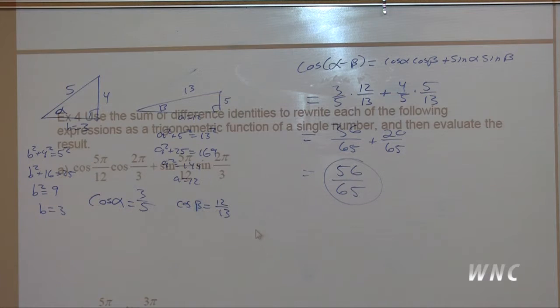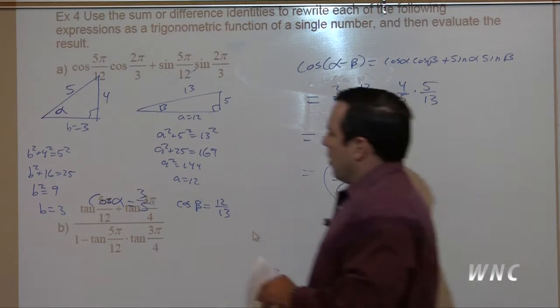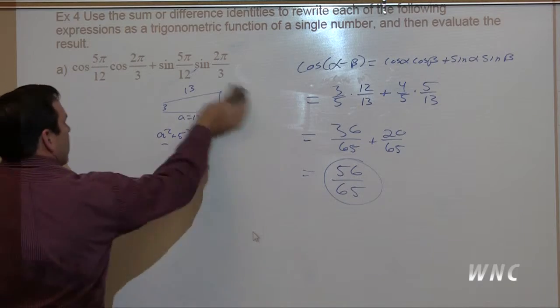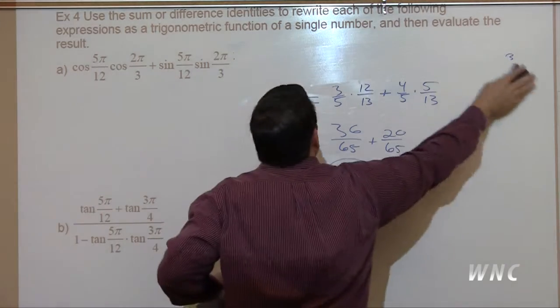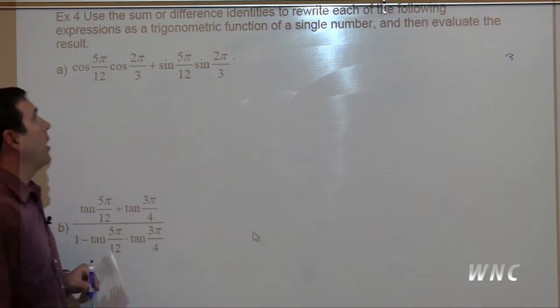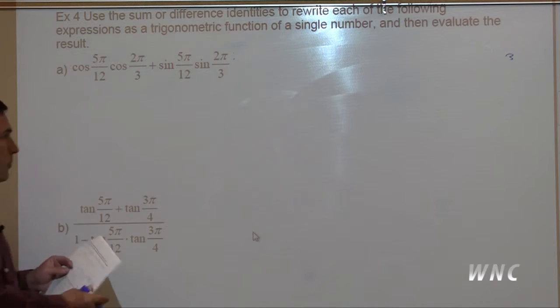Now the next couple are kind of fun, because we go from this statement that's all expanded to a more compact statement. Use the sum or difference identities to rewrite each of the following expressions as a trigonometric function of a single number, and then evaluate it.